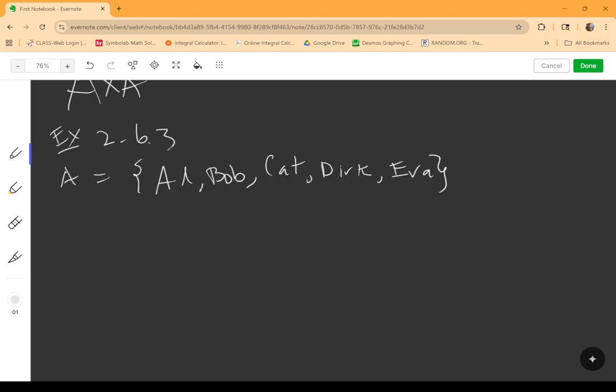And the set B is the courses: calculus, discrete math, and stats.